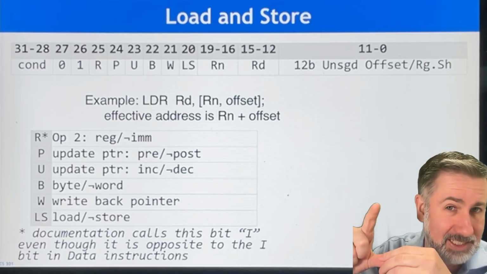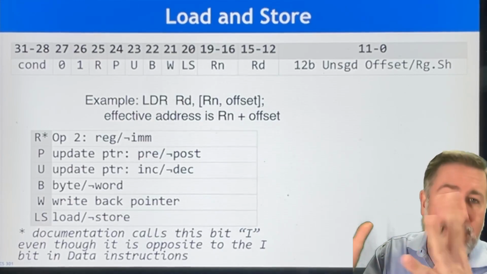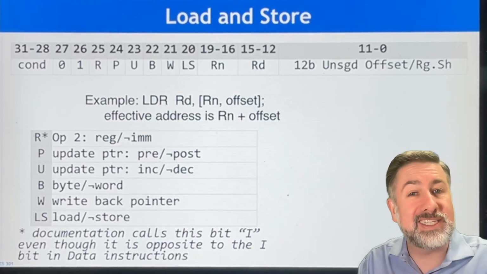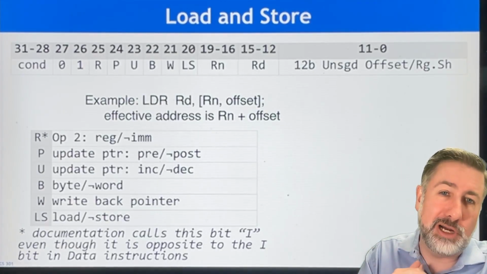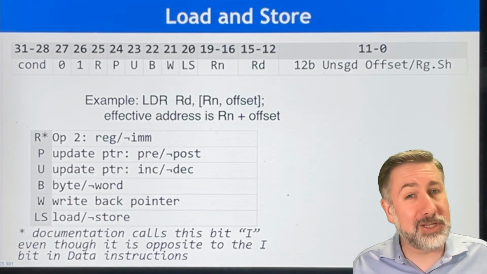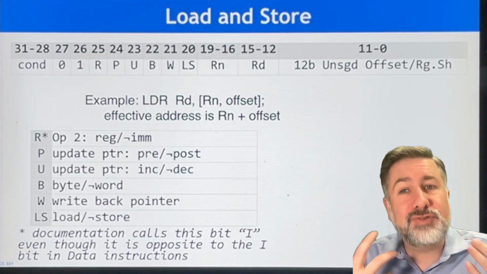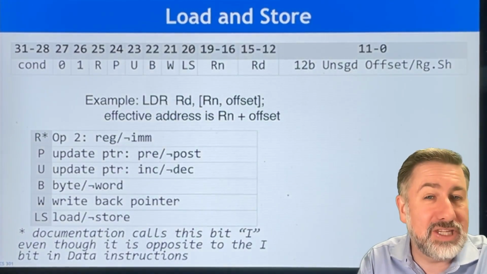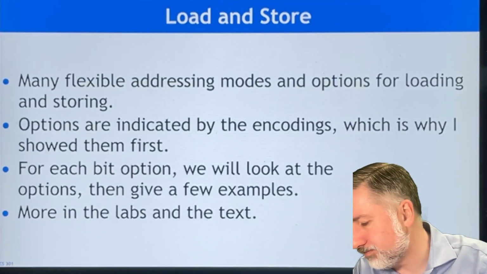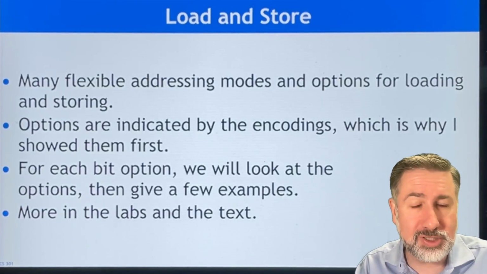That's pre-indexing. You're changing the index first and then accessing it. Or you might say, I'm going to post-access. I'm going to access it first, and then I'm going to update the pointer afterwards. You might not update the pointer at all. So lots of different options, and all of these flags give you these kind of options as how to do things. So lots of different flexible options.